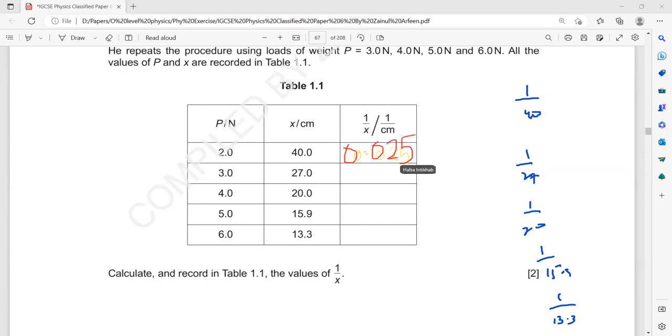0.025. So all the values should be in the same decimal place. Like for example, if the first value has 3 decimal places, the second should also have 3.